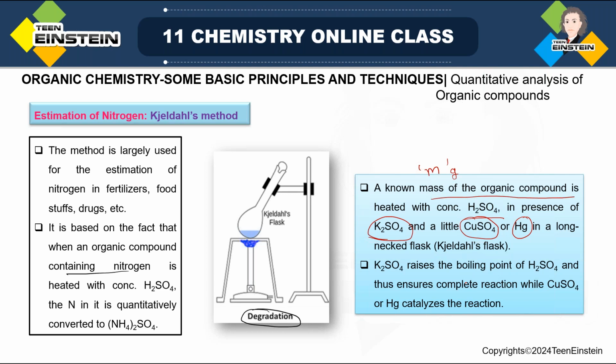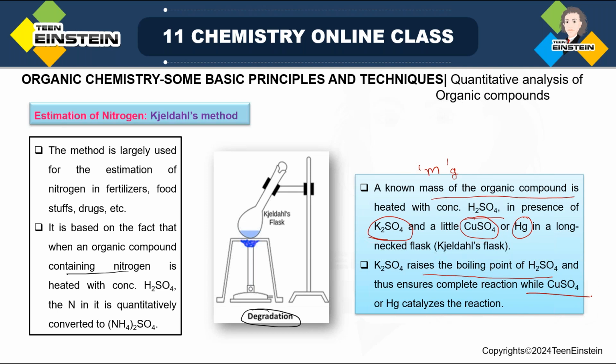We have taken all this mixture, K2SO4, copper sulfate or Hg, then concentrated H2SO4 and obviously the organic compound. You are heating it, so you are degrading the organic compound so that the nitrogen comes in the form of ammonium sulfate. Now why are we adding K2SO4? It raises the boiling point of H2SO4 and ensures complete reaction.